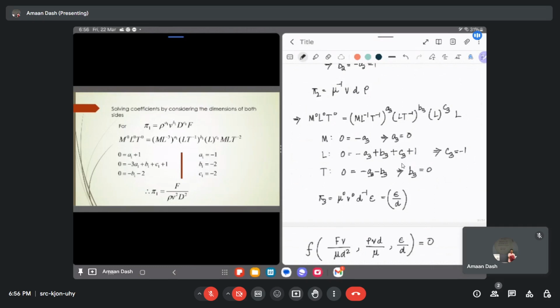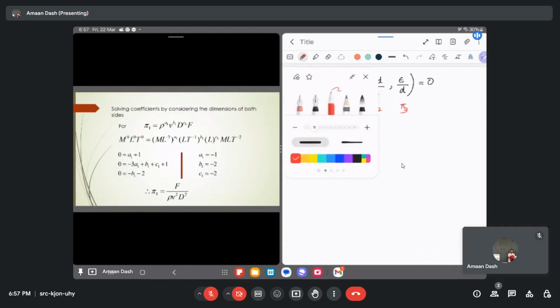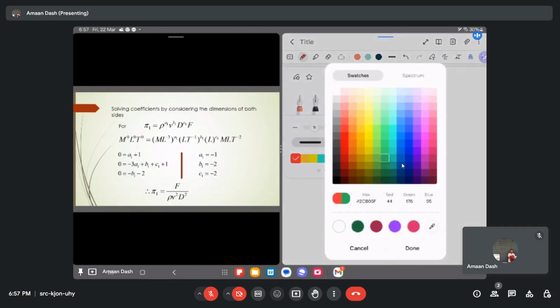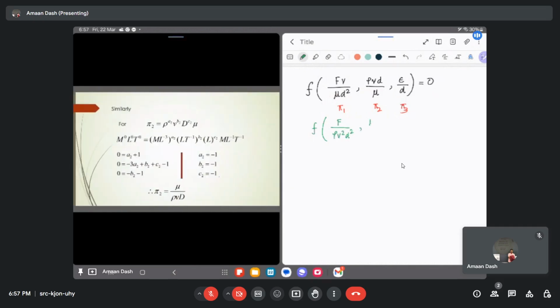Right? Now you must be thinking, okay, if we compare the pi's of both the terms, say this is our pi 1, this is pi 2, and this is pi 3. So these are also dimensionless, non-dimensional groups. But what we got from here is something like this, a function of f by rho v square times d square, pi 2 is nothing but mu by rho v d, and then we have epsilon by d, is equal to 0.